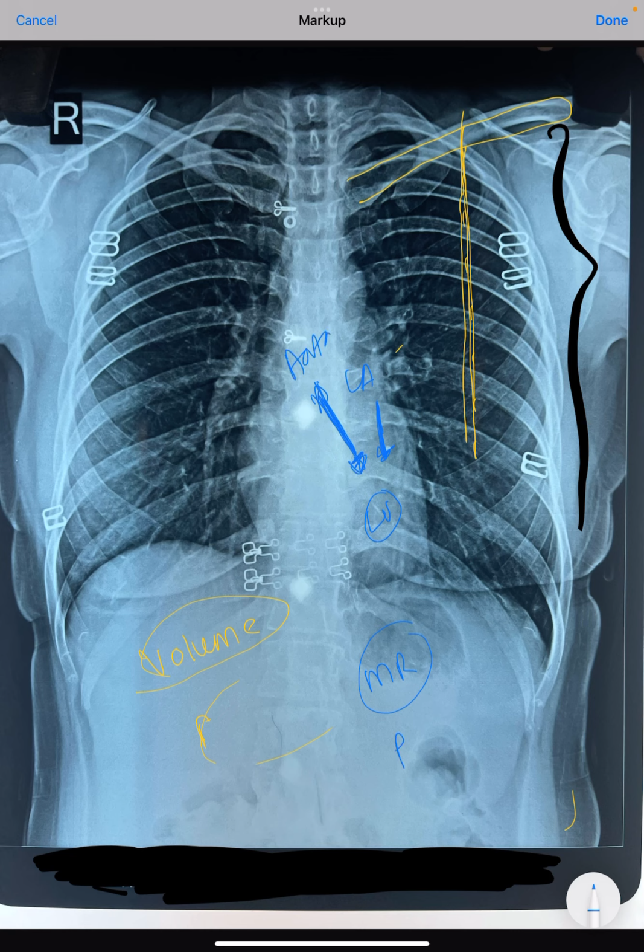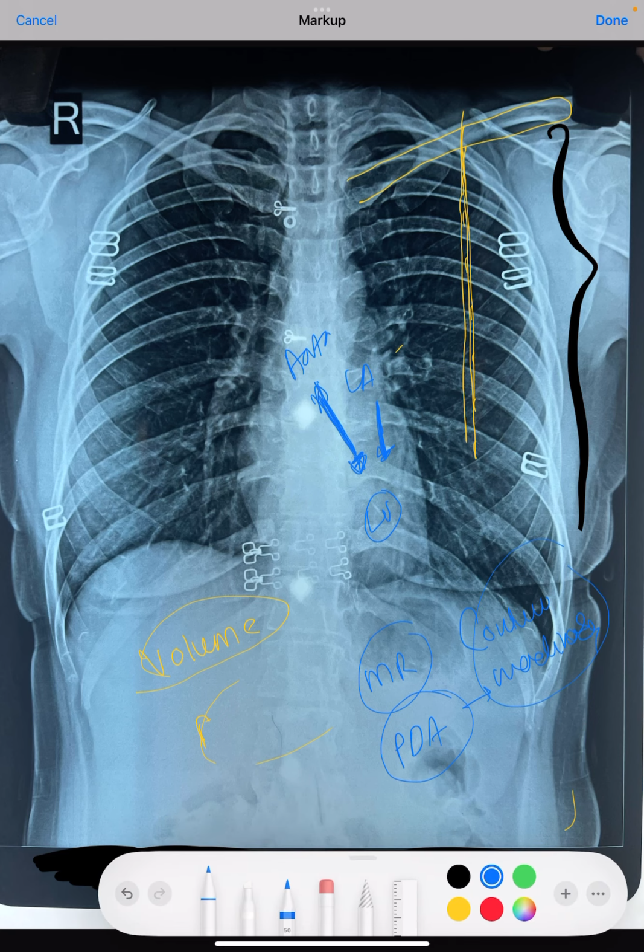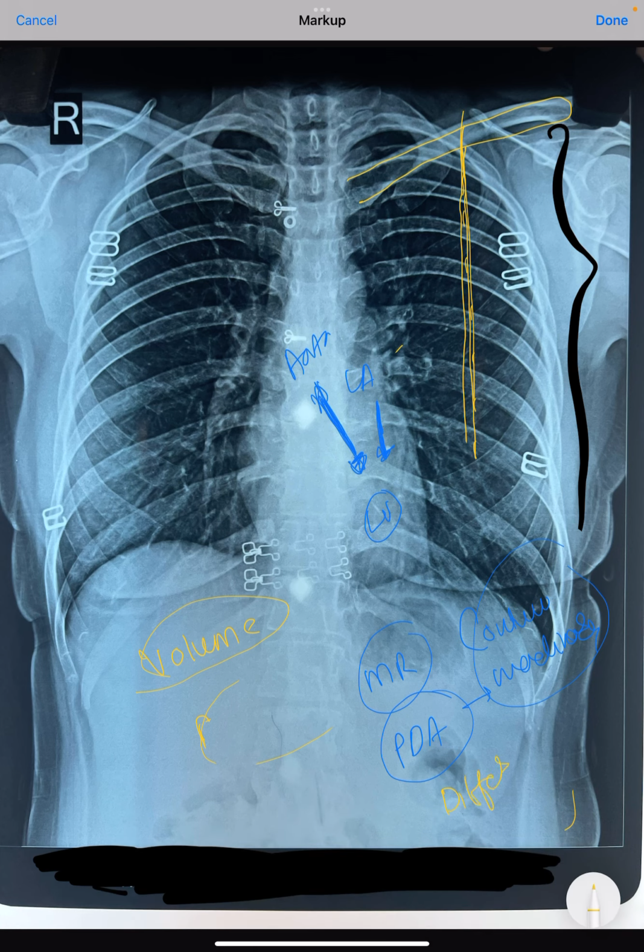There can be patent ductus arteriosus, which is very simple. The patient must have a continuous machinery murmur. If there is a continuous machinery murmur, you can suspect patent ductus arteriosus, and in PDA we will see differential cyanosis.